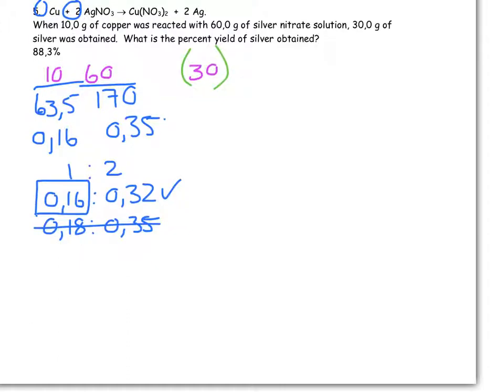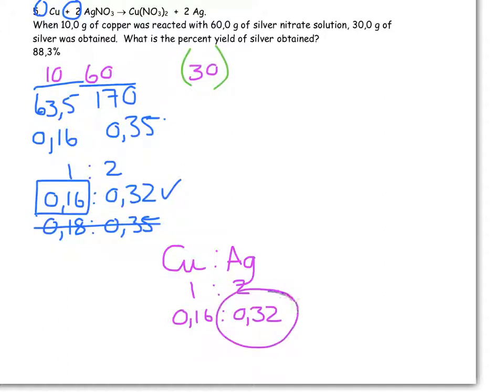Since my copper is my limiting reagent, I now look at a relationship between copper and silver, and it is a 1:2 relationship, so it's 0,16 is to 0,32, and I take that number of moles up to silver. I know the molar mass of silver is 108. Let's work out what the mass should be. Not what it was, but what it should have been, because I'm trying to get a percentage yield here.